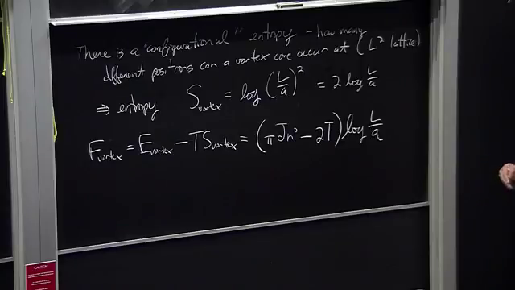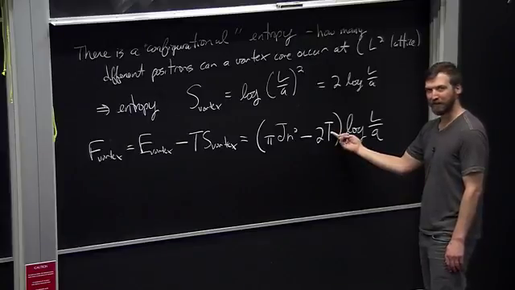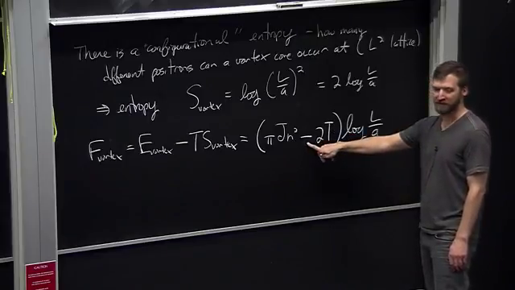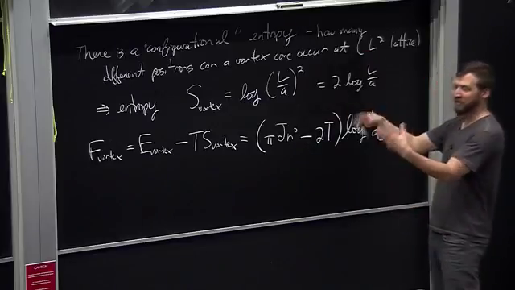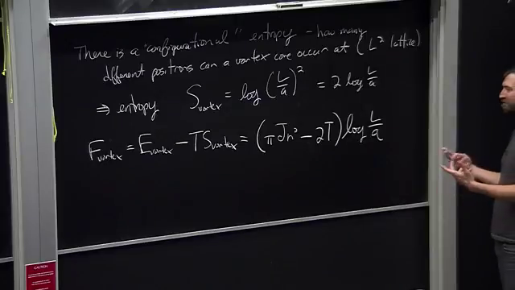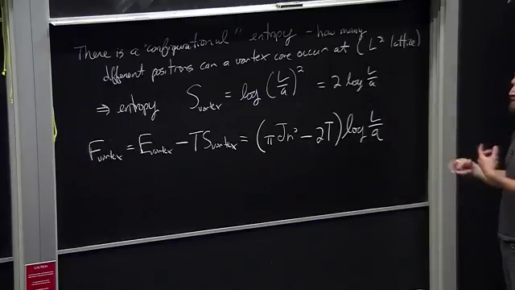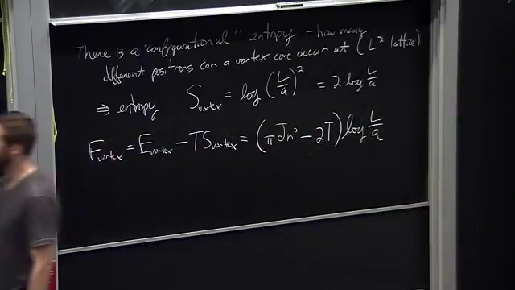So if T is large enough, then you'll minimize the free energy because of this negative sign when vortex positions occur everywhere, or vortices proliferate. Again, it's similar to the Peierls argument. And that proliferation of these cores will destroy the far field.